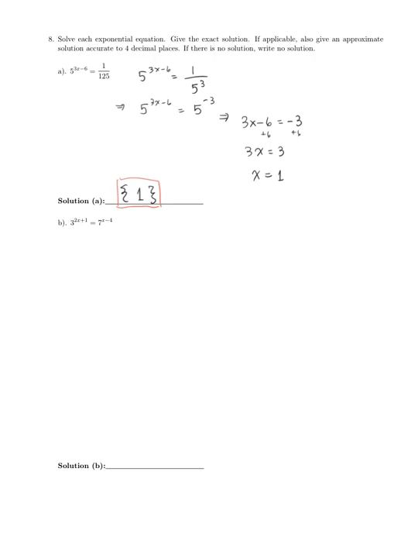Okay, part B. 3 to the 2x plus 1 equals 7 to the x minus 4. So in this case, there's no way that we're going to be able to equate the bases. So what I would do is apply the natural log on both sides.